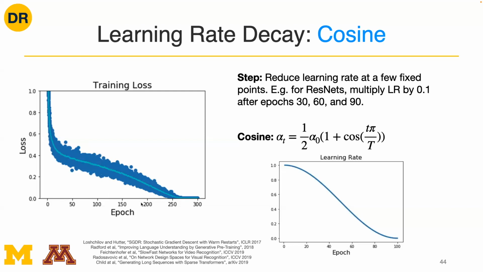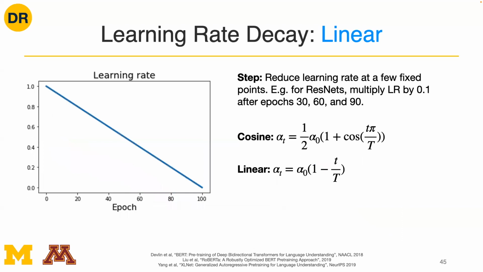You tend to see smoother decreases in the loss with this form of learning rate decay. You don't see those giant steps because we're not taking decay steps at discrete times during training. It's a continually decaying learning rate.